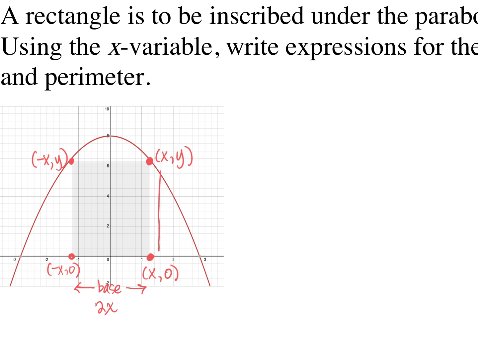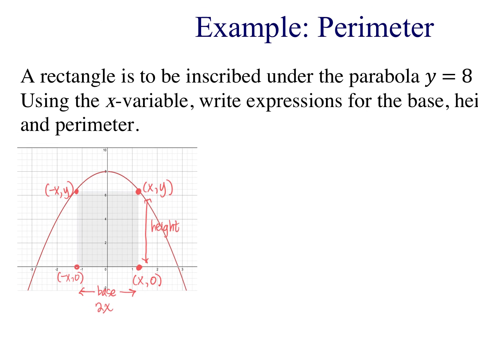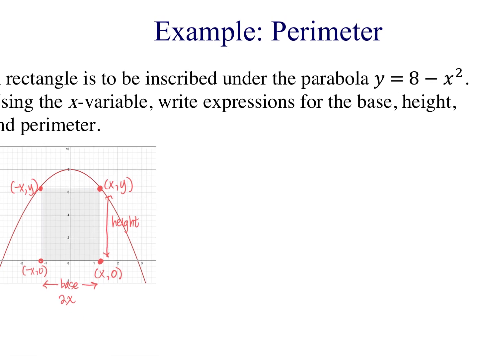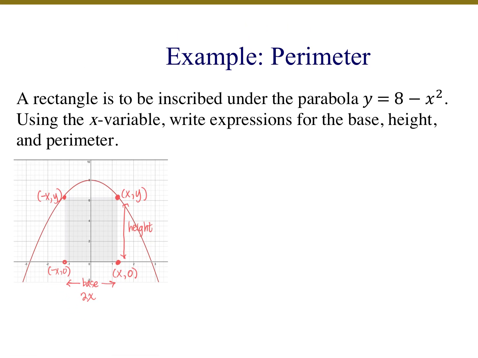So then how tall is the height? The height is y, but what was y equal to? Y is equal to 8 minus x squared. So the height is y, but y is equal to 8 minus x squared, so we can say that that is our height.